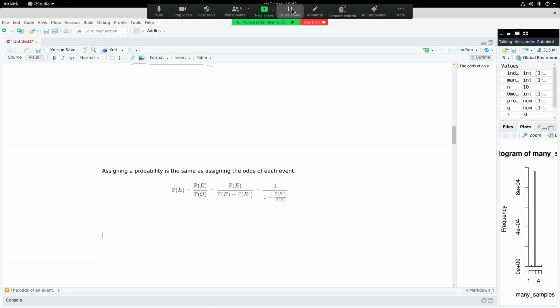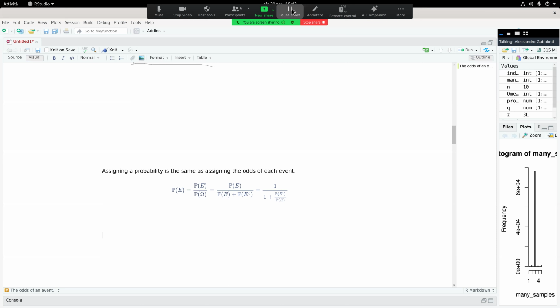If these were the odds of before, the probability of the complementary of phi divided by the probability of phi, well, if A happens, now we forget about everything that's outside and we compute the odds of what's left.